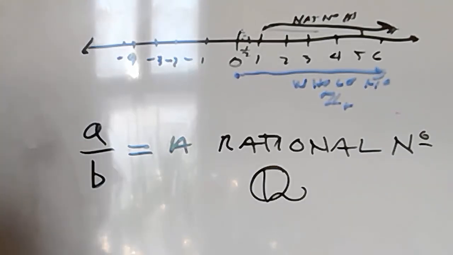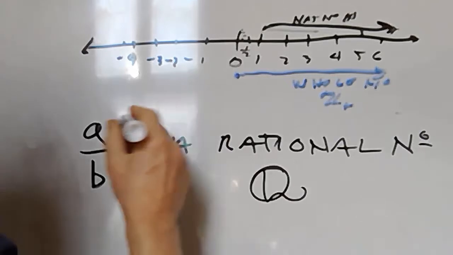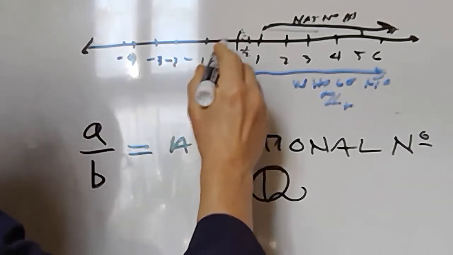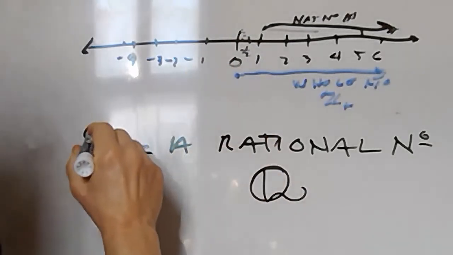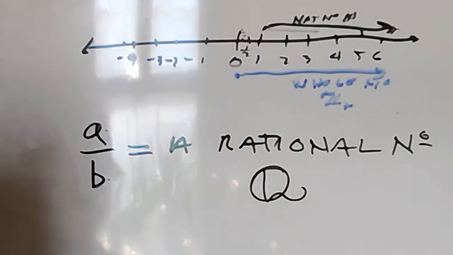But we're still not finished. Rational numbers will be everything, not just the integers, but all of the numbers that we can write A over B in between. But we're still not finished with the real numbers. We're still looking for the set of real numbers.